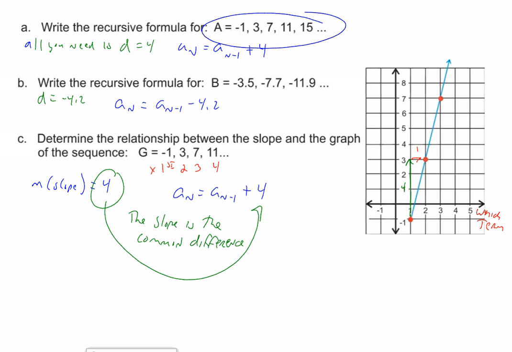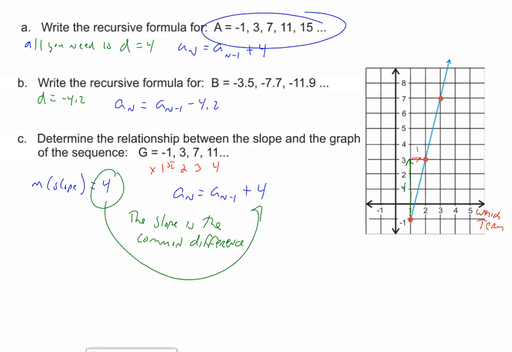This should also tell you that the graphs of arithmetic sequences are not quadratic, but linear. And linear because there's a constant change, a common difference. Things that are linear have a constant change.